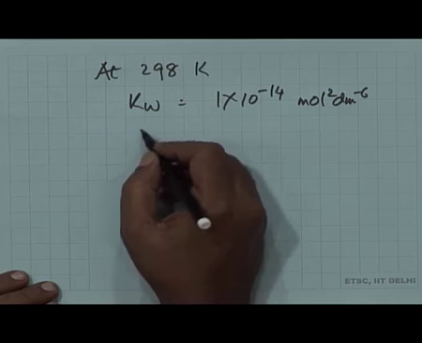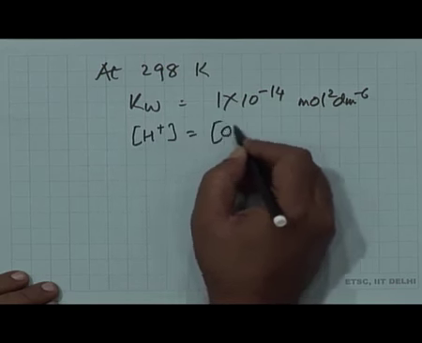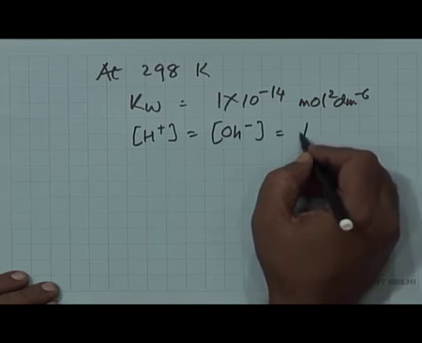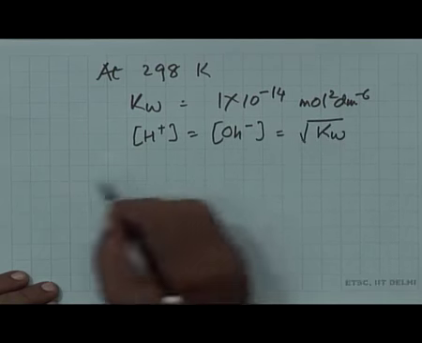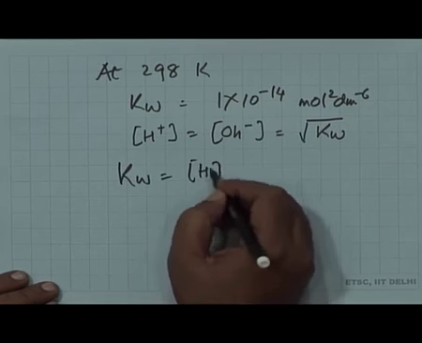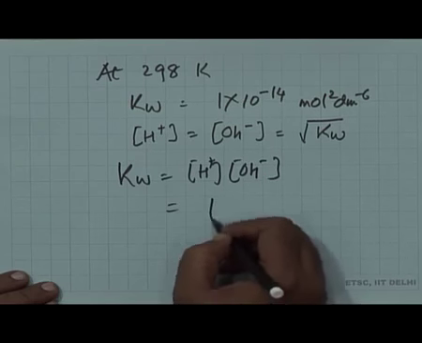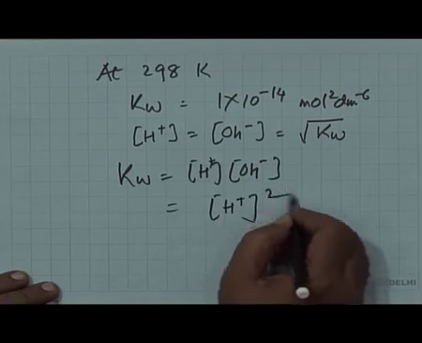So, your H plus ion or OH minus ion will be equal, and that will be the square root of Kw. Since Kw is H plus into OH minus, it can simply be written as H plus square.